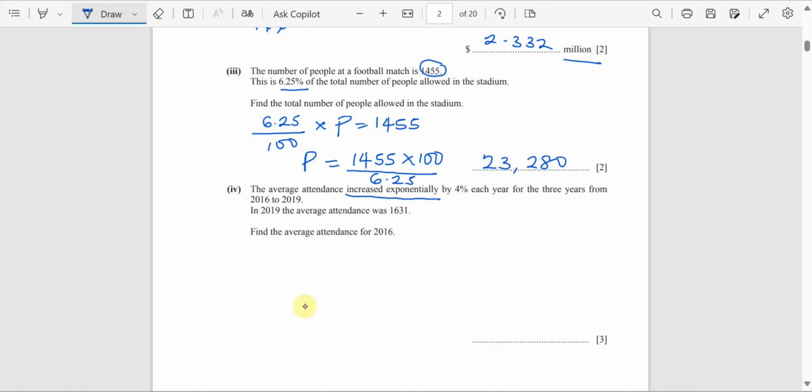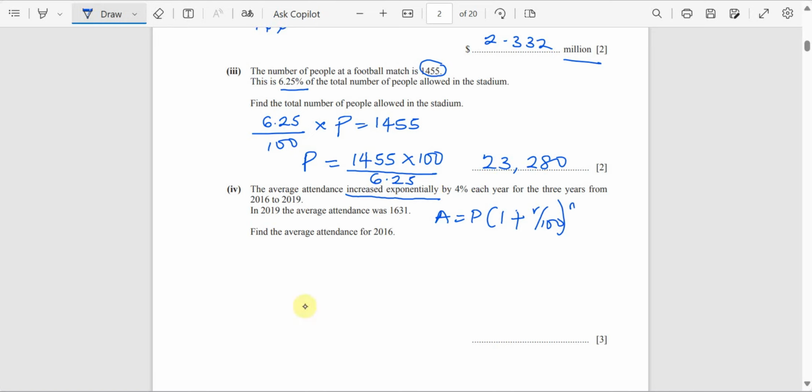So for this, we're using the formula of compound interest. That's still the same thing as exponential increase or decrease. So we're using this formula, A equals P into bracket 1 plus R over 100, raised to the power of n.